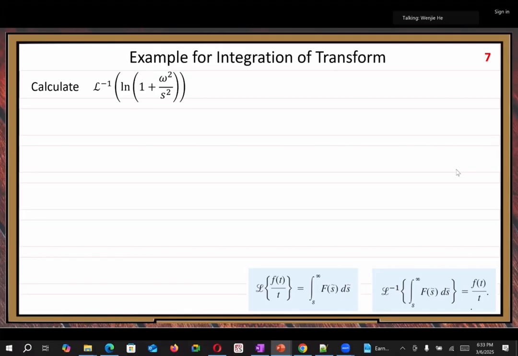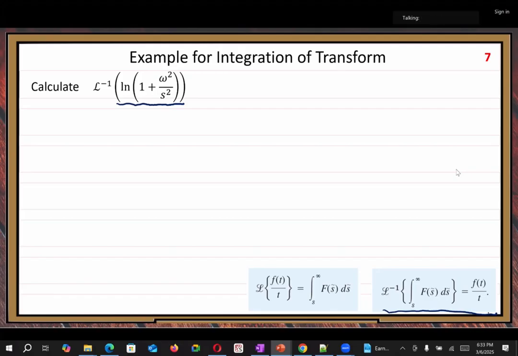Calculate the inverse Laplace transform of this special function, the natural log of some function. That's the capital S side. Inverse. Think about that. Let's see how to understand the structure here.